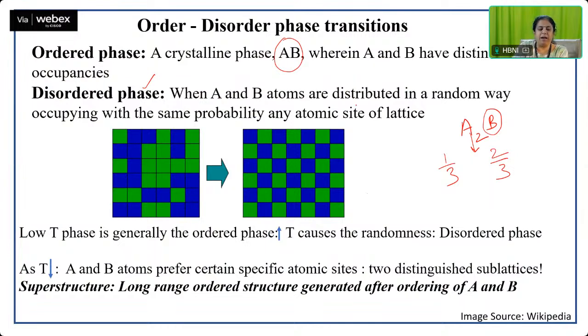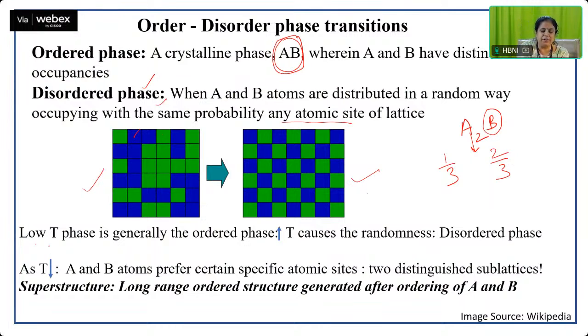A disordered phase is the one where A and B are distributed in a random way, occupying any atomic site of the lattice with a probability, and that probability depends upon the nominal composition. For example, if I'm talking of 50A, 50B, lattice AB, let's say your blue squares are A and your green squares are B, this is a random structure or the disordered phase. This is an ordered phase. So I hope you have understood what I want to say here.